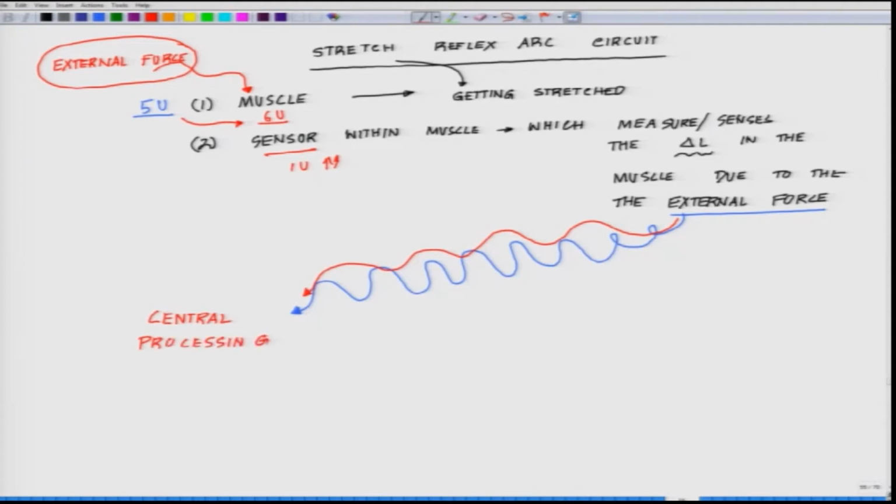This central processing unit, or the CPU, which we are denoting as the nervous system, then processes this information. This processing could happen at 2 levels: either at the brain level or at the spinal cord level.